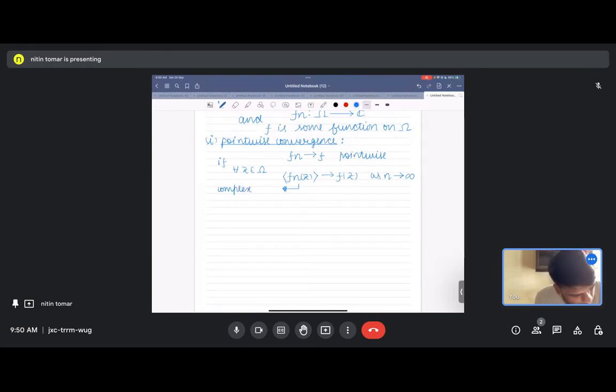So these are all complex numbers, and this is also a complex number. Pointwise means that for every point, the sequence of complex numbers fn(z) converges to the complex number f(z). If this holds for every z, then we say that the convergence is pointwise.